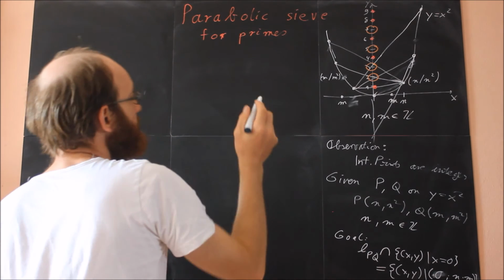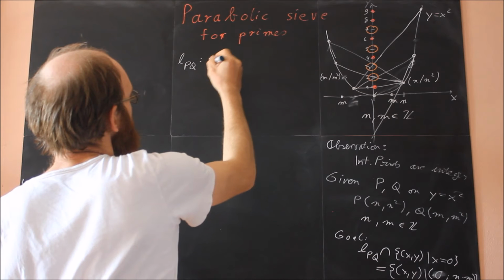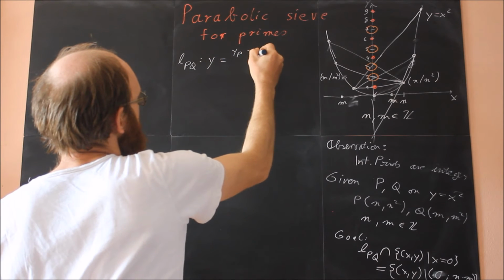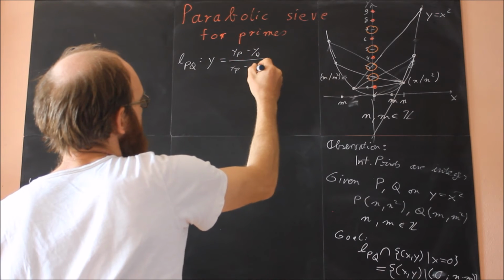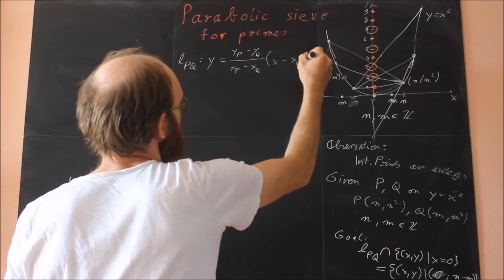Okay, so let's calculate the line through P and Q. This is y equals (yp minus yq) over (xp minus xq) times (x minus xq) plus yq.